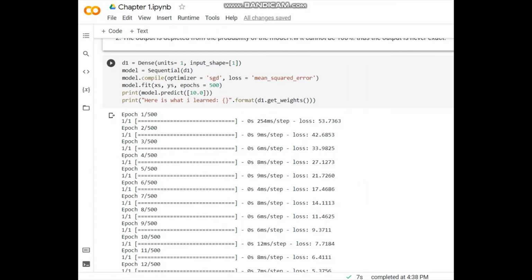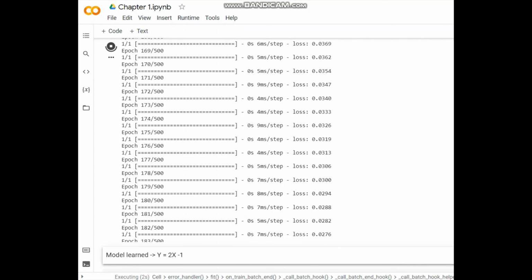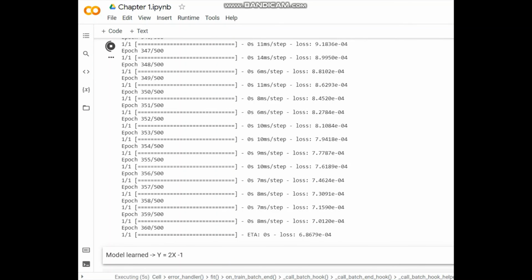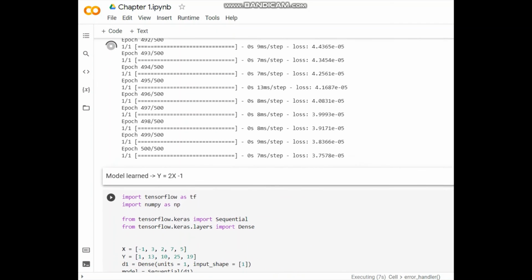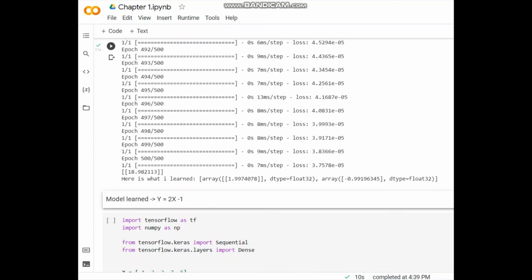Next, we want to know what our model actually learned, so we'll just get the weights. So let's run this. It's almost the same, we've not changed anything. The loss is here and we run it for 500 epochs. So we just run it and see. Here is what it learned: an array of 1.99, that's approximately 2, and an array of minus 0.99, that is approximately minus 1.